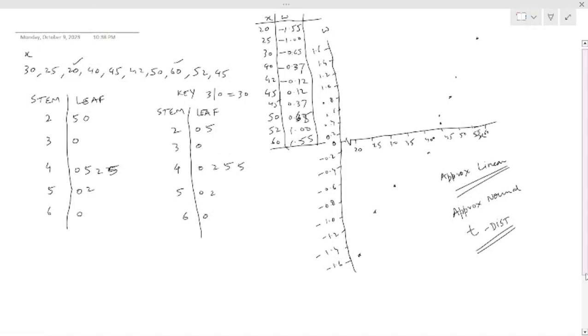So what we need to do, we need to enter the values in the software or in the calculator, and from there you can get the mean and standard deviation computed from there.